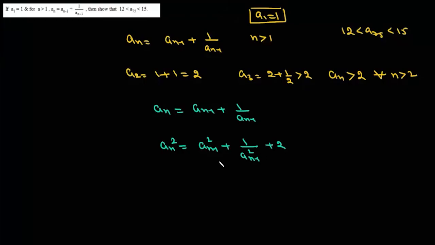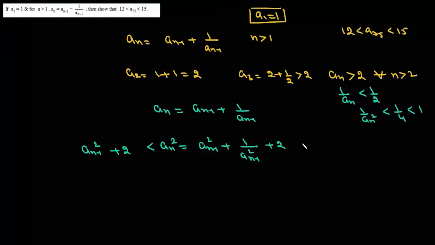Now we know that this is always greater than an minus 1 square plus 2, because we are leaving out this positive term 1 upon an minus 1 square, and we know that any an is greater than 2, then 1 upon an will be less than 1 by 2, or 1 upon an square will be less than 1 by 4. That means it will always be less than 1.